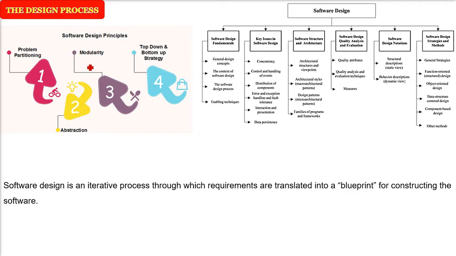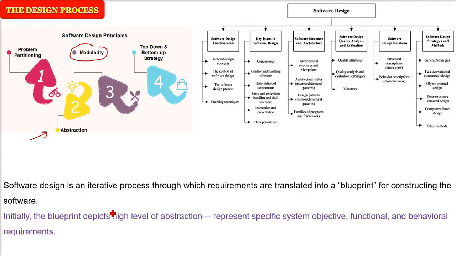So software design principles include the problem partitioning, modularity, the different strategies like top down and bottom up, and finally the abstraction. As I said, these are iterative processes. So initially the blueprint, the initial process, it will show the high level of abstraction.